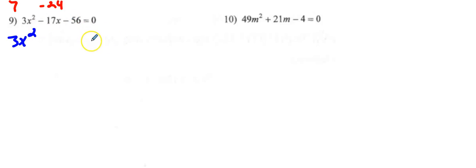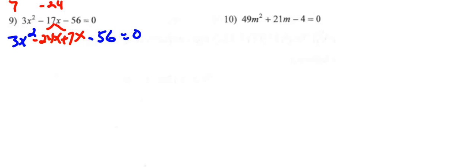And we're going to also bring down that negative 56, so we're not messing with that. What we're doing is we're splitting this negative 17x into negative 24x and 7x. So if you add those together, you haven't really changed the equation. You're just breaking that 17 into two terms.